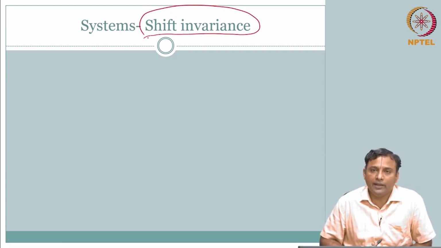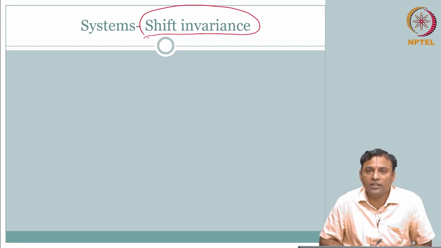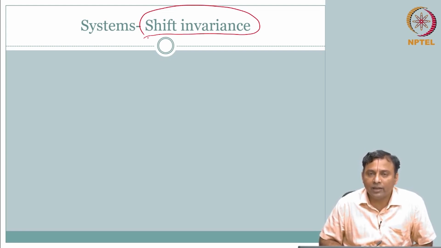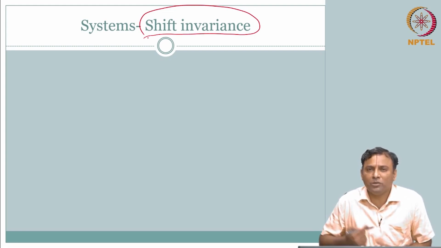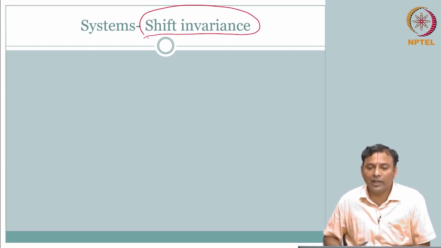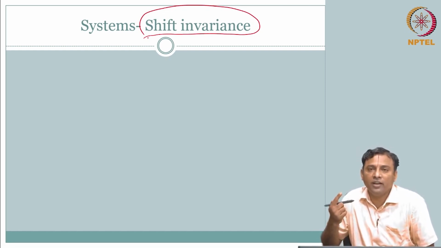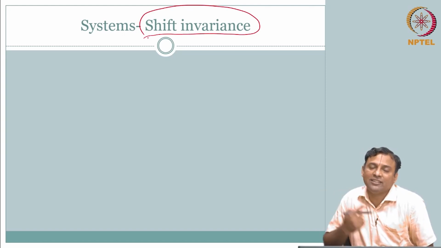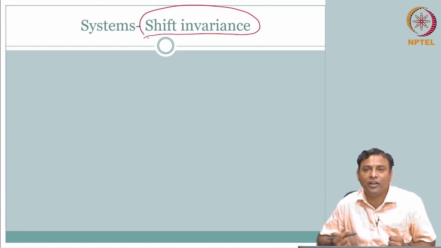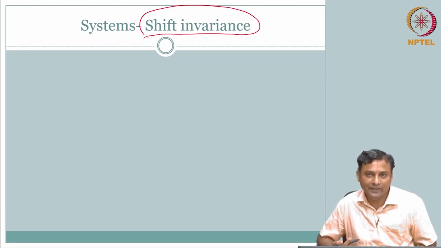If you are wondering, I have done linearity in 1 dimension, so I know linearity is similar, what is shift invariance? You probably have not heard shift invariance as such, but you would recognize time invariance, because most of the time in 1 dimension we take time as the independent variable. So you would have heard of a linear time invariant system, right? That makes life a lot easier for you in 1D.